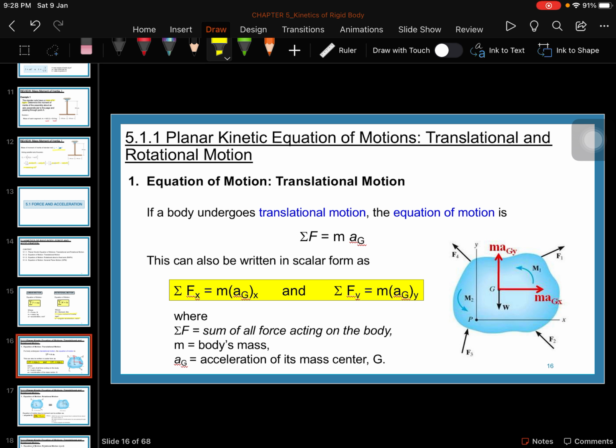Next, planar kinetic equation of motion, translational and rotation motion. First equation of motion is translational motion.